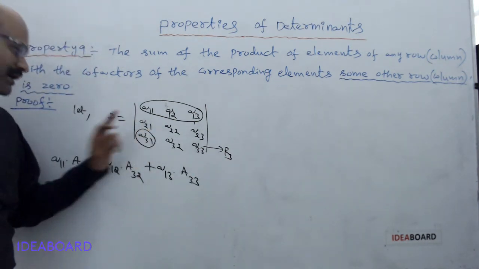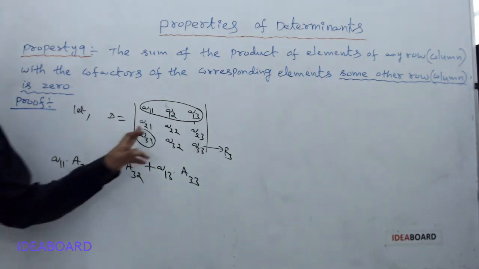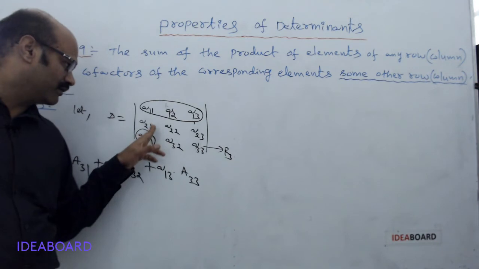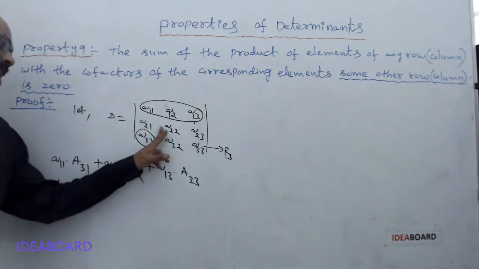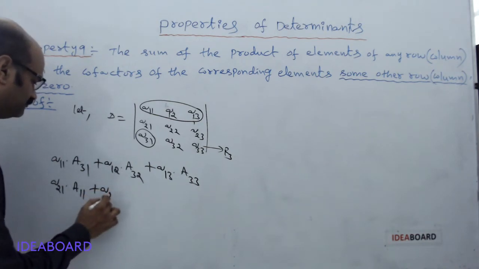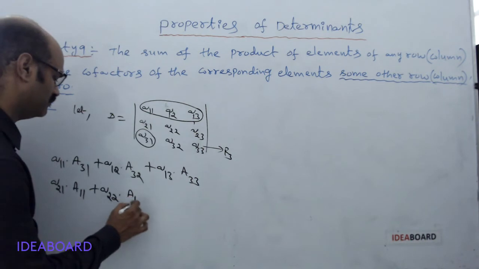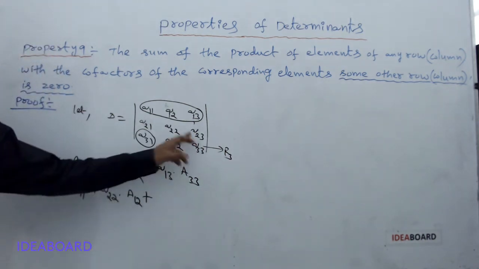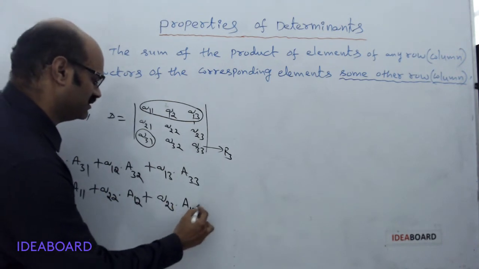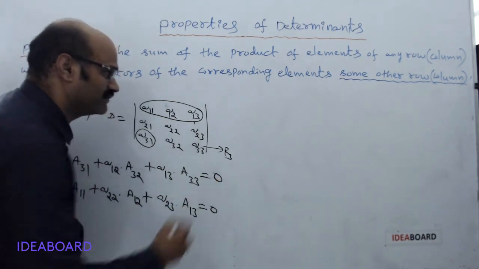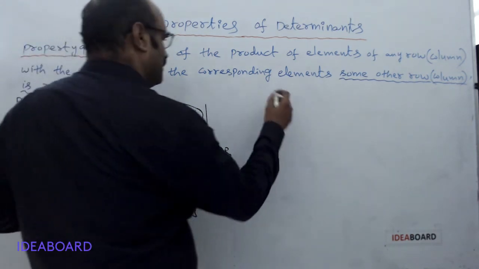Even if you take A21 into, don't take the same row, any other row you take, capital A11 plus A22 into capital A12 plus A23 into capital A13. The value of this one equal to 0, the value of this one equal to 0. Now here I will take this one now.